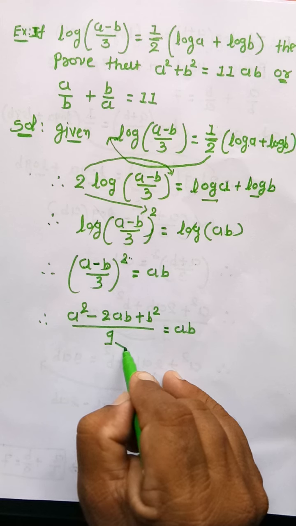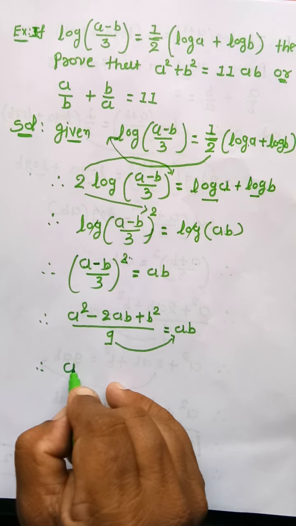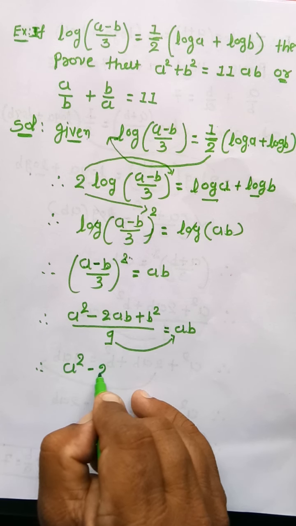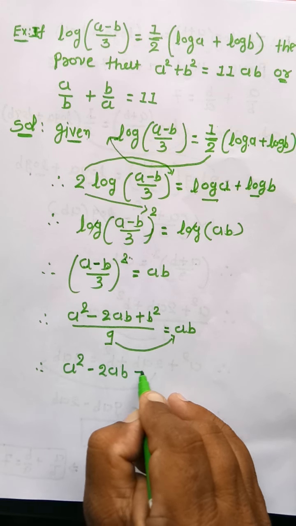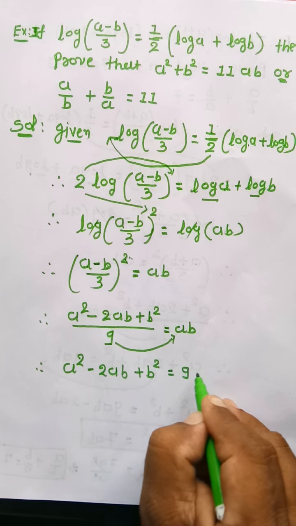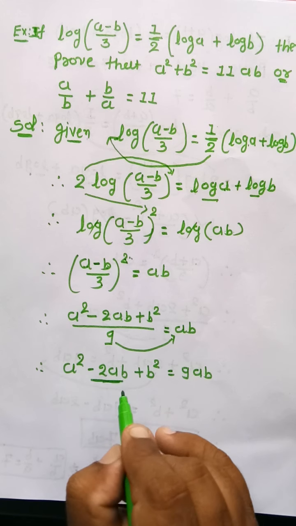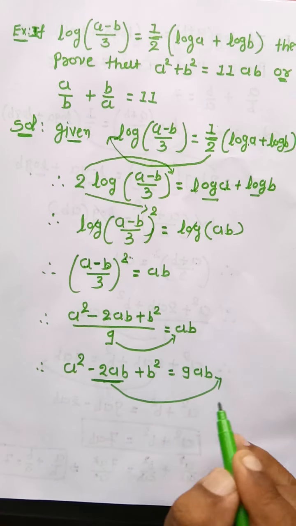Now 9 is divide, then other side goes to multiplication. So a square minus 2ab plus b square is equal to 9ab. Now 2ab is minus, then other side goes to plus.